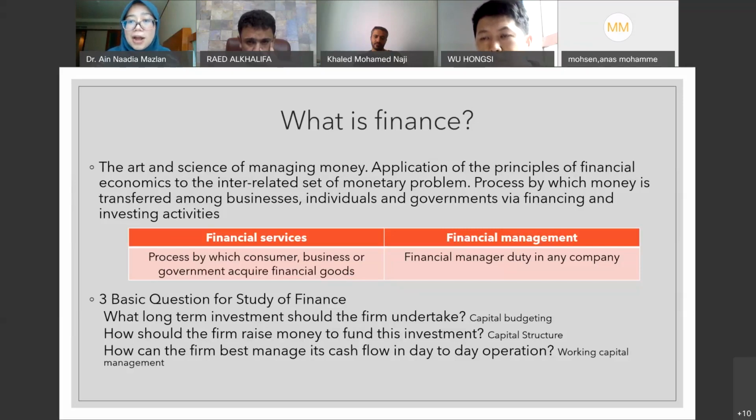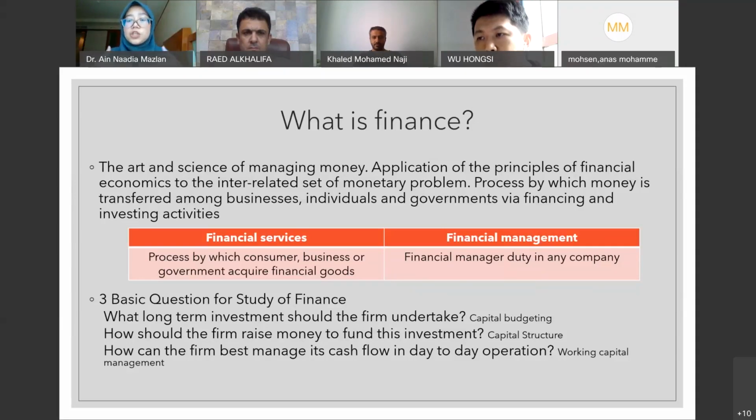In order to understand it, you're going to see it from capital structure. So capital structure, you're also going to learn in our class. And finally, how can the company best manage its cash flow in day-to-day operations? We're going to talk about long-term investment and also short-term investment.